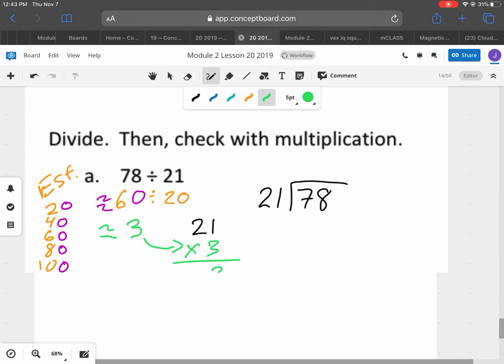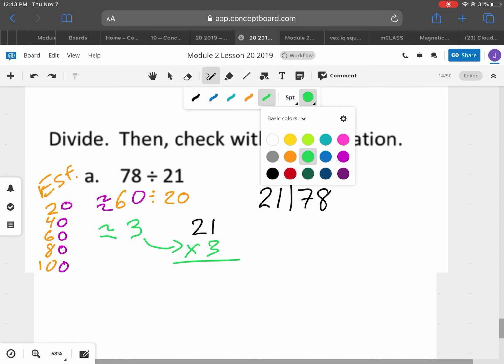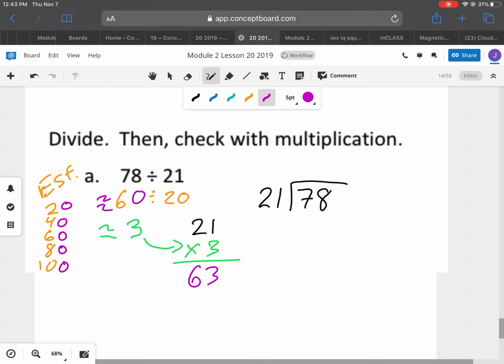So 21 times 3 gives me 63. 3 times 1 is 3. 3 times 2 is 6. So that is less than the 78. So we can subtract it.